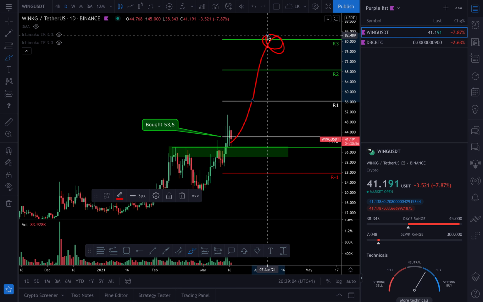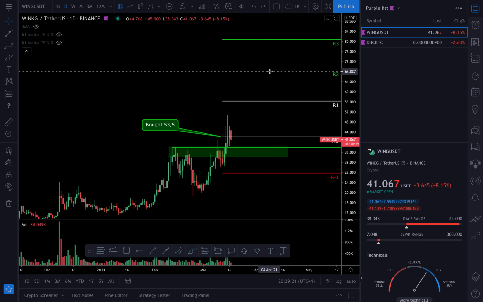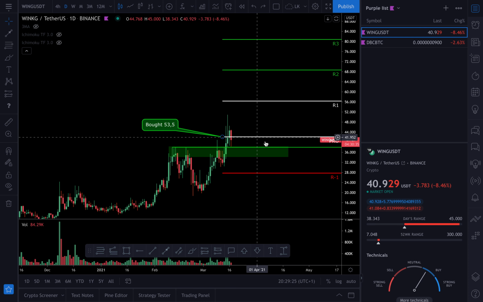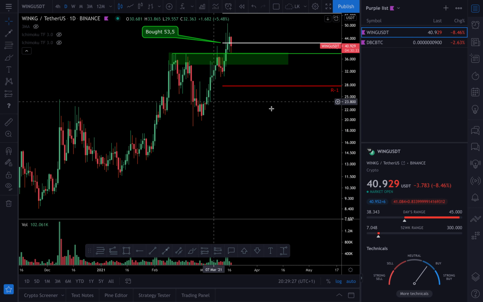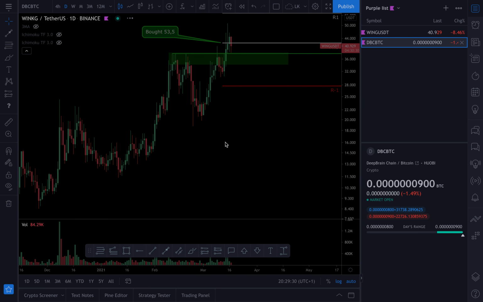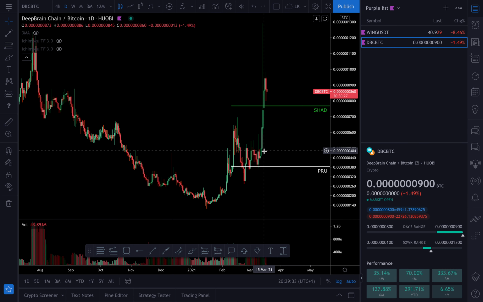I lock in 50% of the profits and let the other 50% of the position run, and I follow all the trend. That way there are profits locked on that trade, and if the market crashes tomorrow when I wake up, I will still have made profits, locked profits, and protect my account, because what matters is the protection of the capital.